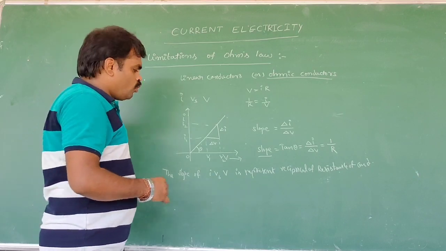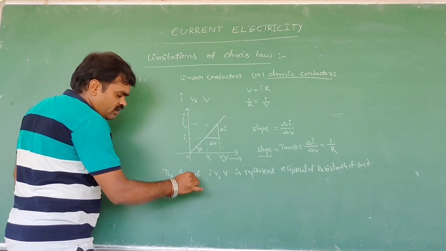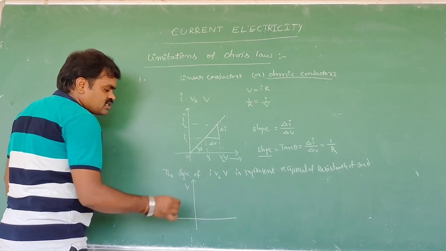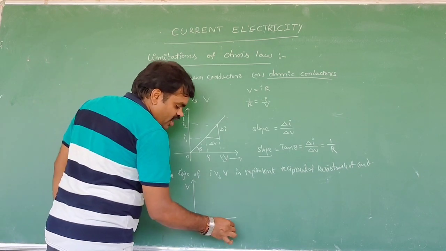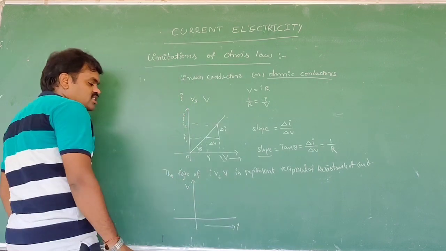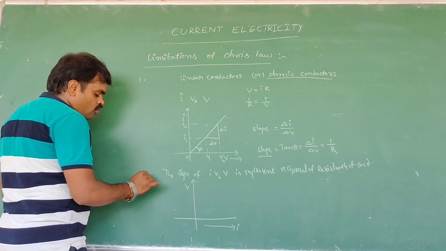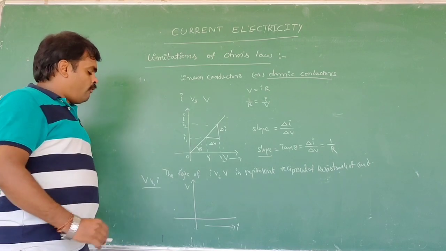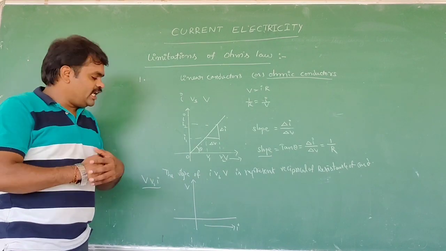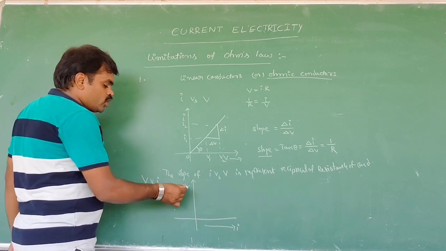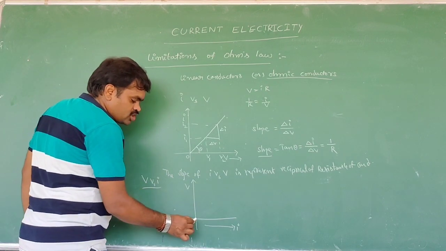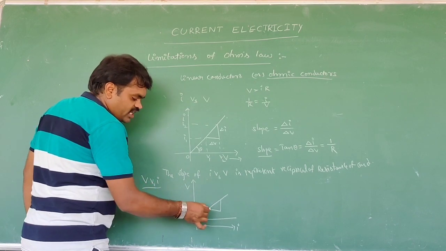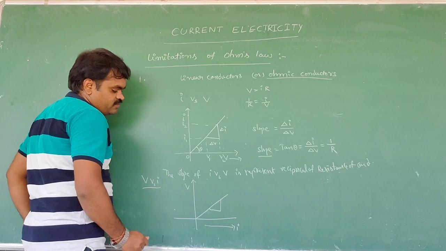Now we can draw the graph between potential on the y-axis and the current taken along the I-axis. That is the graph of potential versus I. Then for linear conductors, the potential versus current graph, which is also represented as the IV curve, is passing through the origin.